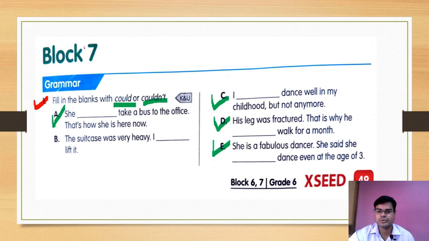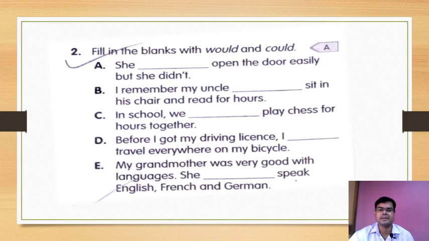Now check few examples. Here what we have to do in this sentence, fill in the blanks with would and could. We have to use would and could, correct? So first example is she dash open the door easily but she didn't.